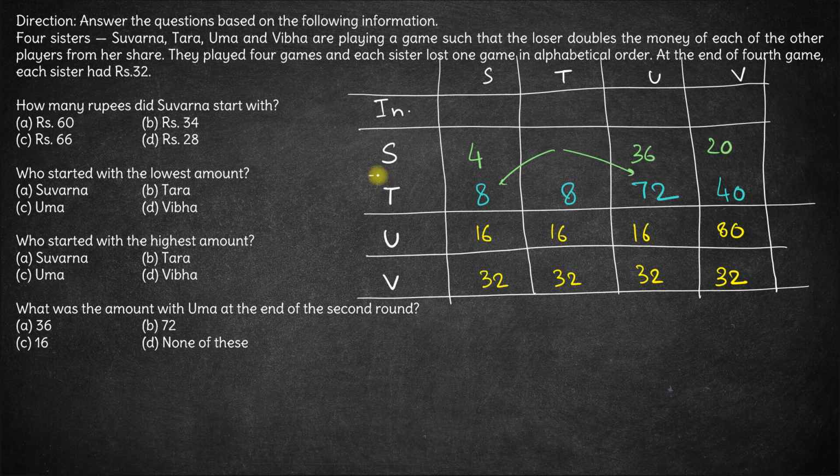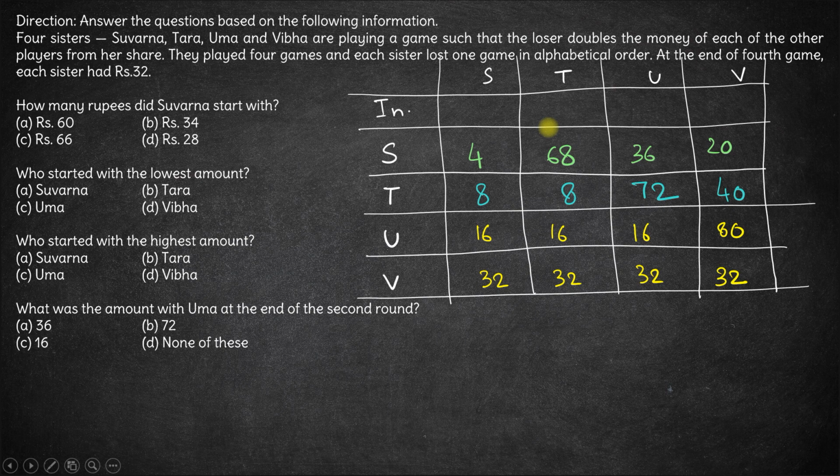These must have been the amounts before the 2nd round, or at the end of the 1st round. So T distributes amounts to S, U and V: 4 rupees, 36 rupees and 20 rupees. 4 plus 36 is 40, 40 plus 20 is 60 rupees. So he must have distributed 60 rupees. So the amount before the 2nd round must have been 60 plus 8, 68 with T. So T must have had 68 rupees at the end of the 1st round, or at the beginning of the 2nd round. Okay?